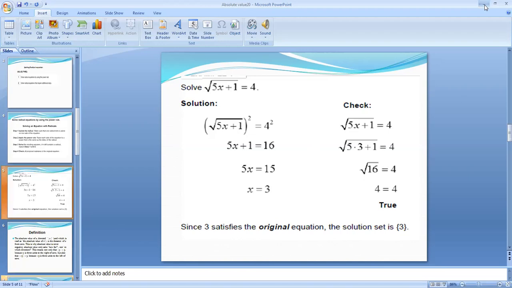Okay, and now we can check another example if you want to learn. Now let's see this example. √(5 − x) = x + 1.